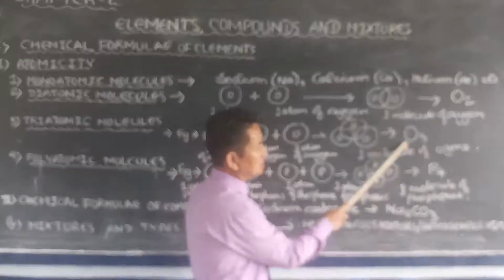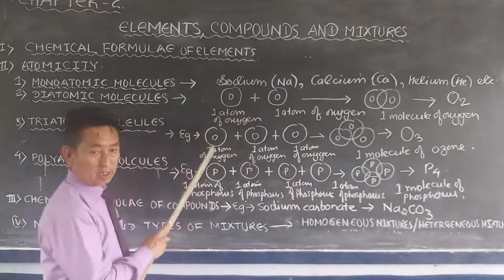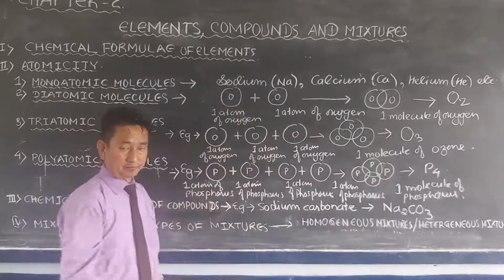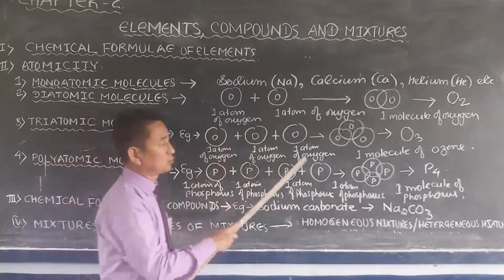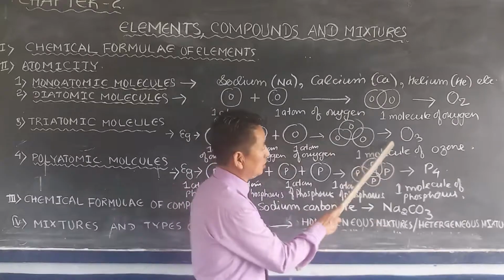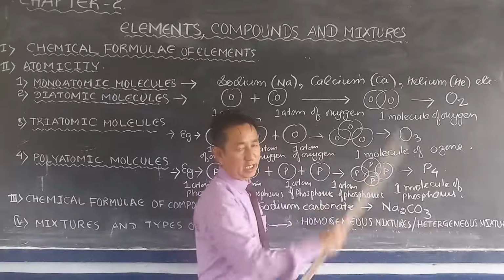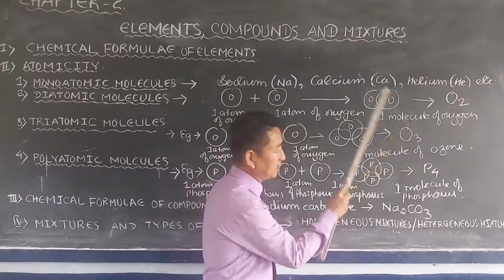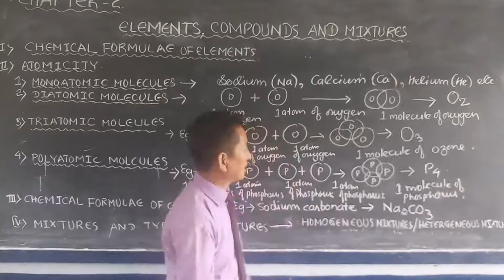Its molecule is made up of three atoms of oxygen. Here, 1, 2, 3 atoms of oxygen combine with each other to give a molecule of ozone. Its atomicity is 3 because its molecule is made up of 3 atoms.